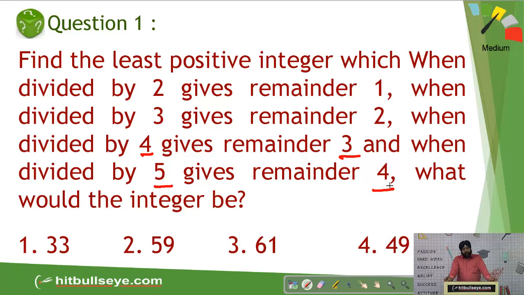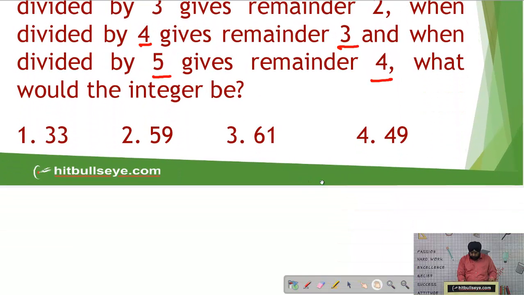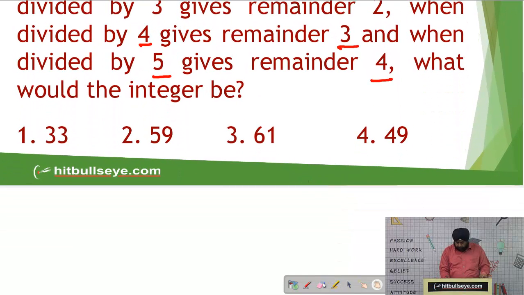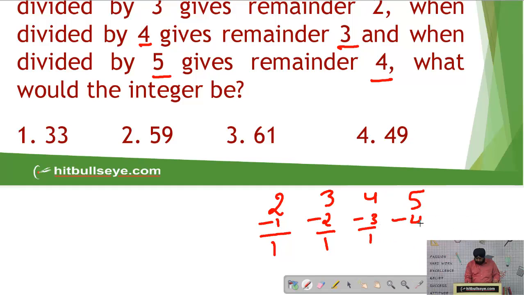Students, a very simple question of LCM. Dividing by 2 gives remainder 1, 3 gives remainder 2, 4 gives remainder 3, 5 gives remainder 4.